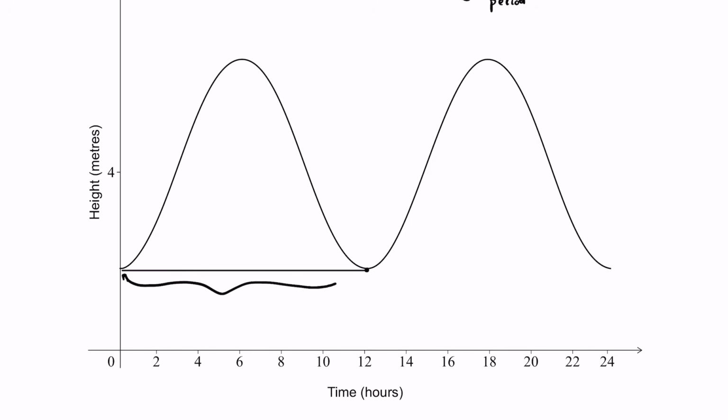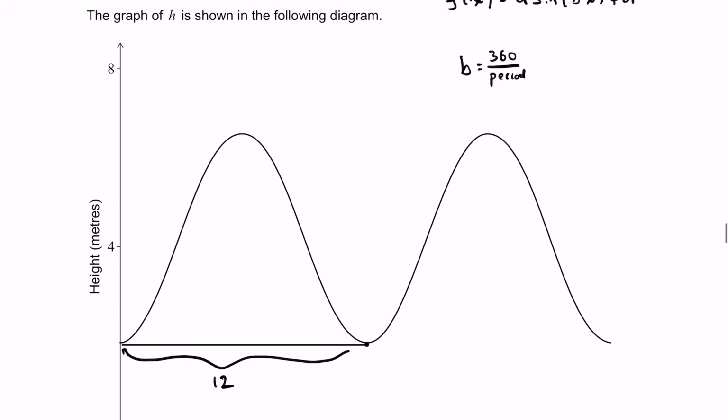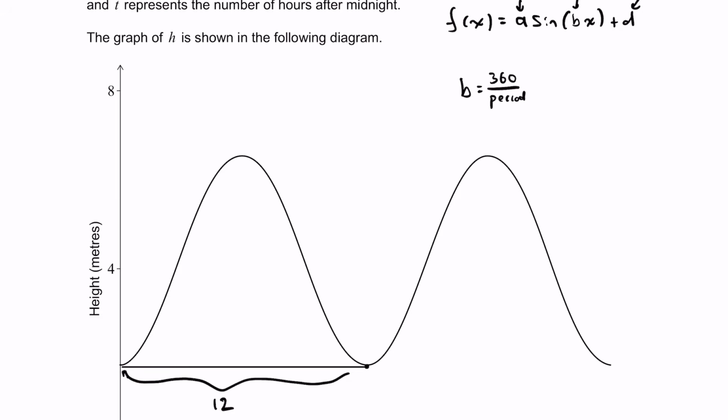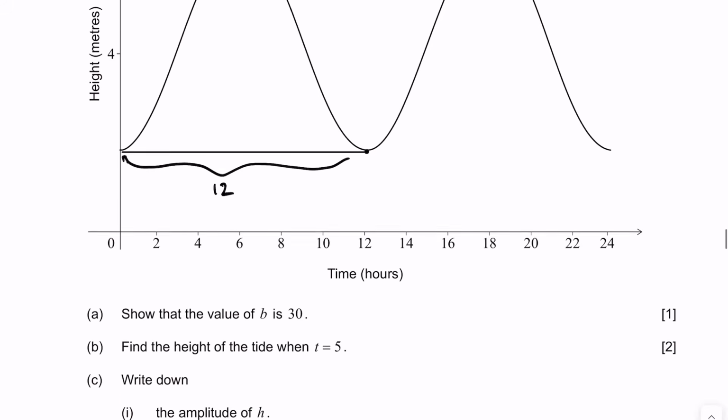So the total time that has elapsed is 12 hours, the time taken to go from one trough to another trough is 12. So looking at this, the value of b is equal to 360 over the period, which is 12, and this will give us a value of 30.